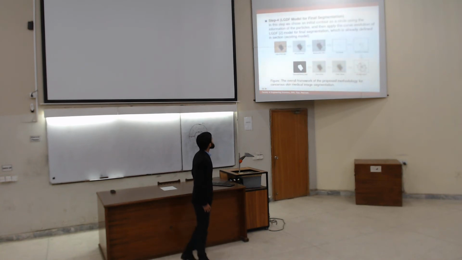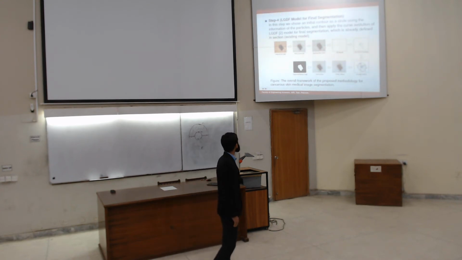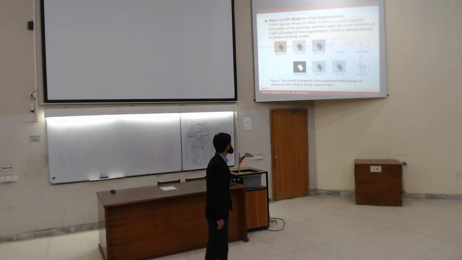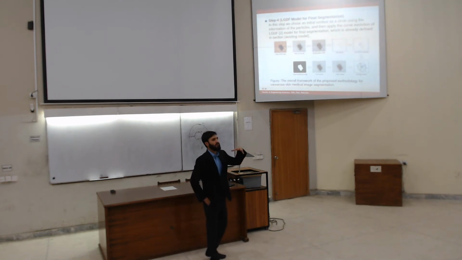Step number 4, the LGDF model for the final segmentation. In this step we choose an initial contour as a circle using the information of the particles, and then apply the curve evolution of the LGDF model for final segmentation, which is already defined in the above section, existing model. Here you can see first we have an original image.